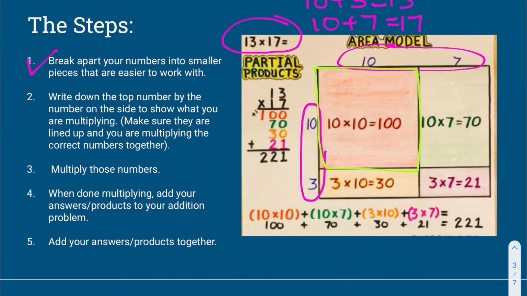Then they looked at the box next to it and did the same thing. They took their 7 down and they brought their 10 over. And that gave them 10 times 7.